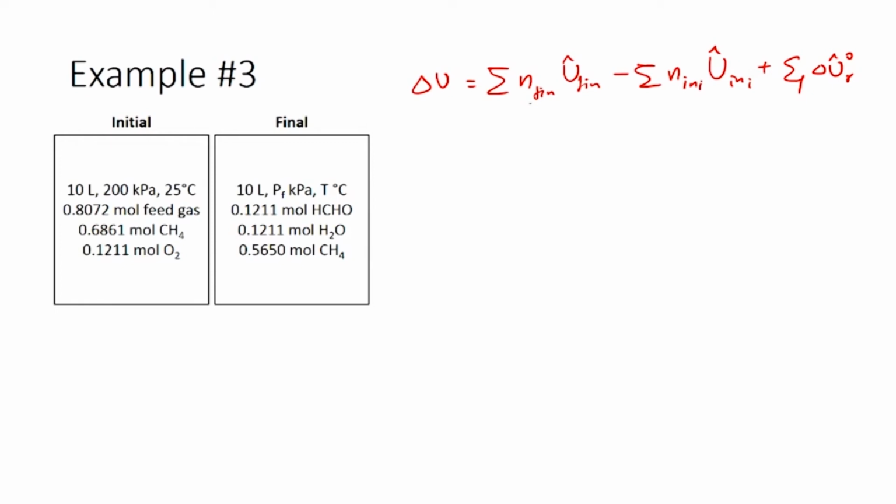Here we already identified the internal energy of the final and the initial conditions using the polynomials we have. We also have the xi value; we need to calculate the internal energy of reaction.